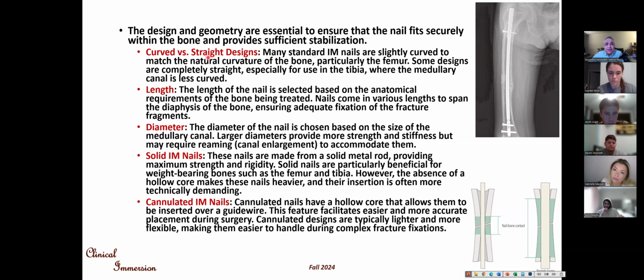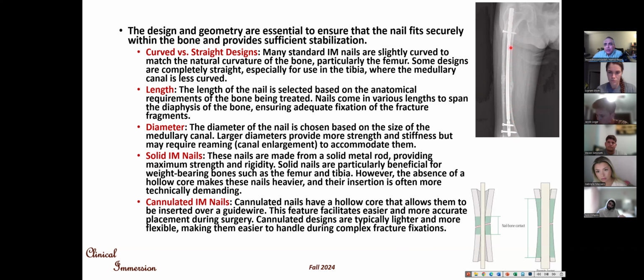That was the problem with the first designs of the intramedullary nail. So gradually they added a curvature to the nail. You see here, the nail is slightly curved. The curvature of femur is the periphery of a circle with a radius of 2 meters. So the radius of this curvature must be about 2 meters.